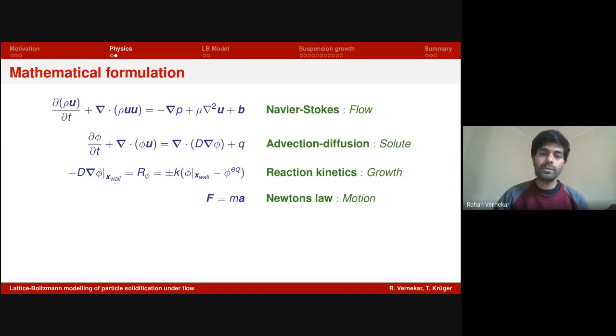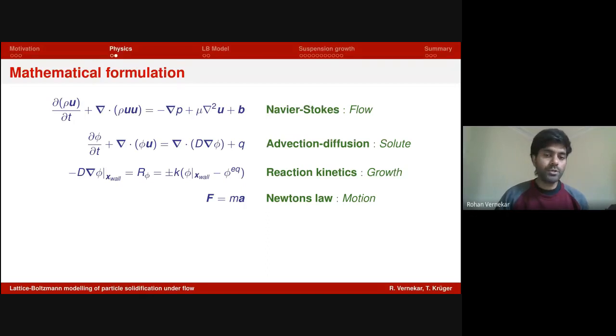Both of these will be solved in our solver using the standard lattice Boltzmann method with the two-relaxation-time collision operator. For the Navier-Stokes, for solid boundaries, we are going to use interpolated Bouzidi bounce-back. And for the advection-diffusion, we are going to go with a simple halfway bounce-back scheme. The reaction kinetics at the surface of the particle is assumed to be a first-order reaction, and this is going to give out how much the particle grows.